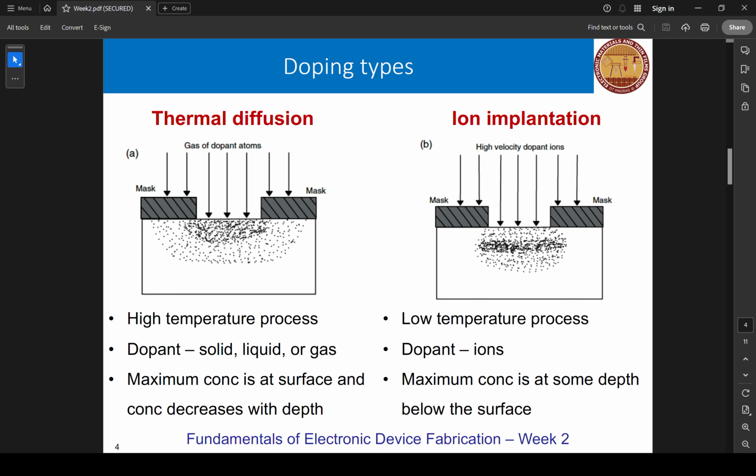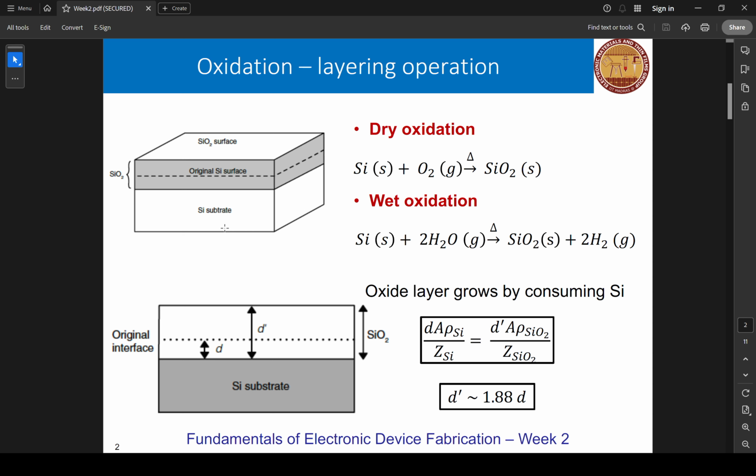In one place, sir told that when you grow the oxide layer onto the surface, we see a higher amount of N-type dopant at the interface, and the P-type dopants are decreased below the interface.